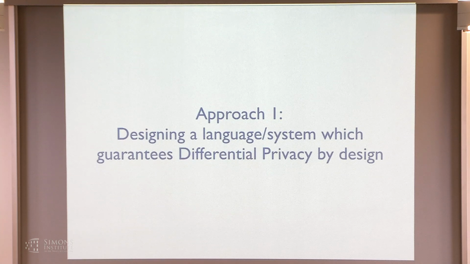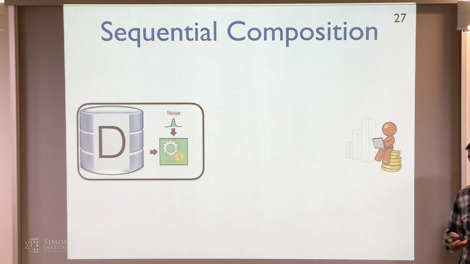So the first approach is designing a language which guarantees differential privacy by design. Now, I think one of the reasons why people got very excited about differential privacy, and I think we are all aware of that, is that it provides some compositional methods to reason about applications.